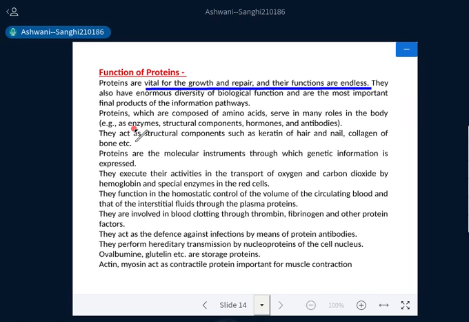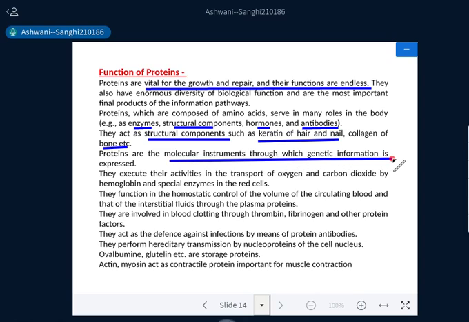Examples: enzymes, structural components, hormones, and antibodies. They act as structural components such as keratin of hair and nails, and collagen of bones. Proteins are molecular instruments through which genetic information is expressed: DNA to RNA, RNA to protein.